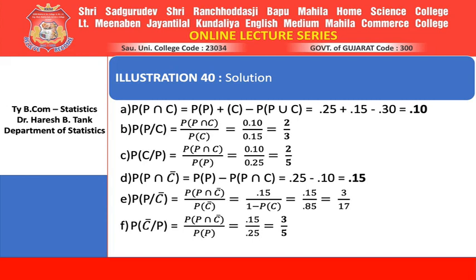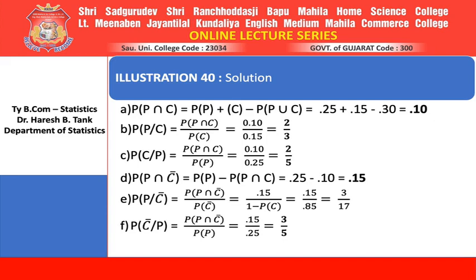Now, the fourth item was probability of a person failed in physics but passed in chemistry. Now, passed in chemistry means it is complement. Two things are there, failed in physics and passed in chemistry. So required probability is probability of P intersection C complement, which is this area, as you can see in the Venn diagrammatic form.